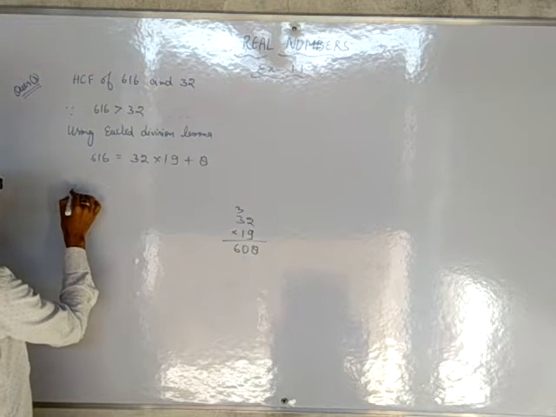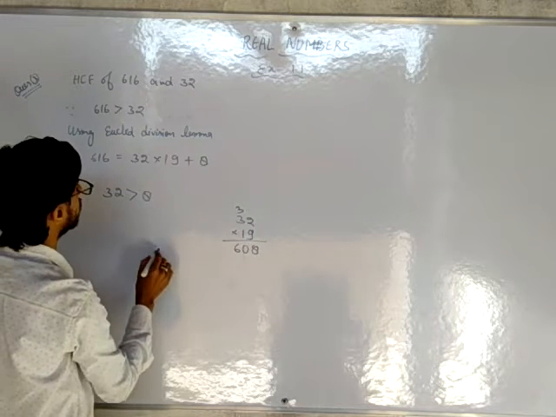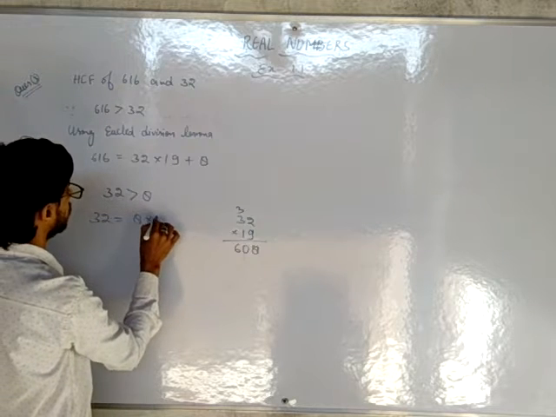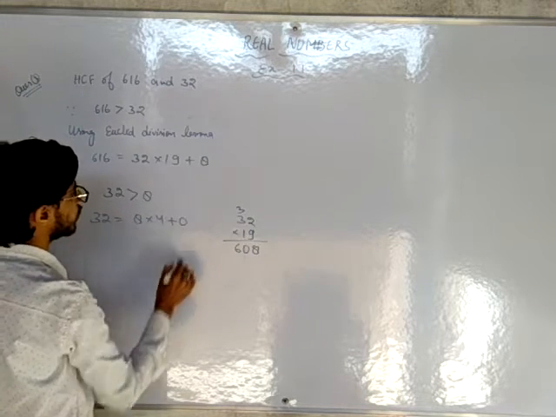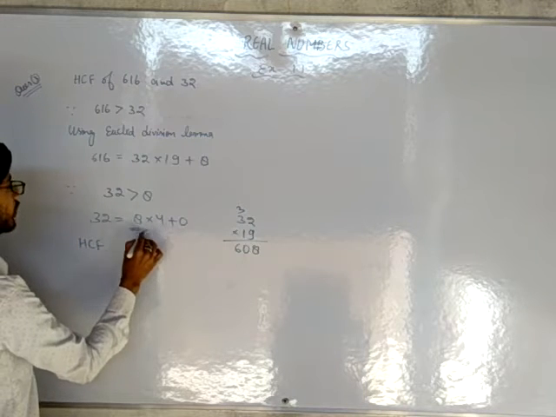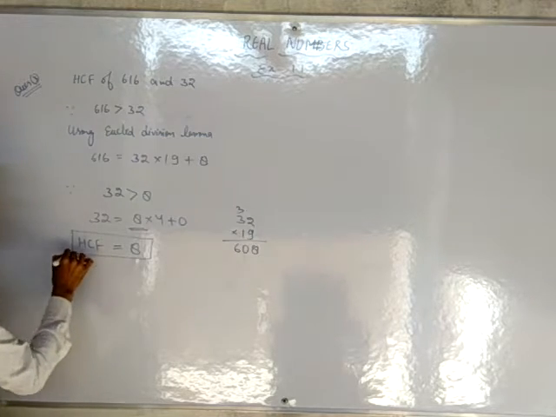Now again, since 32 is greater than 8, therefore 32 is equal to 8 into 4 plus 0. Now the HCF will be 8, remainder 0, so HCF is 8.